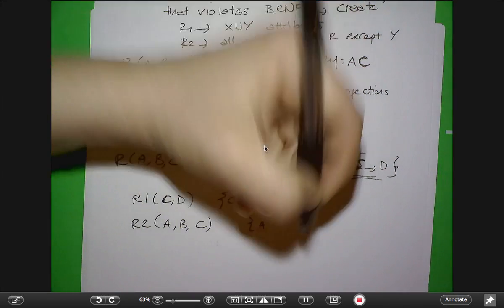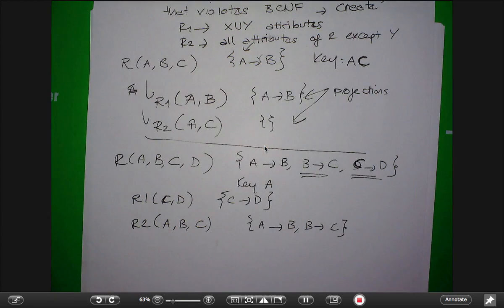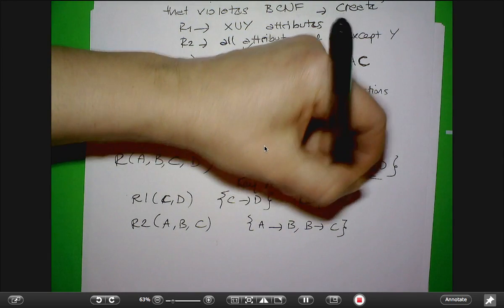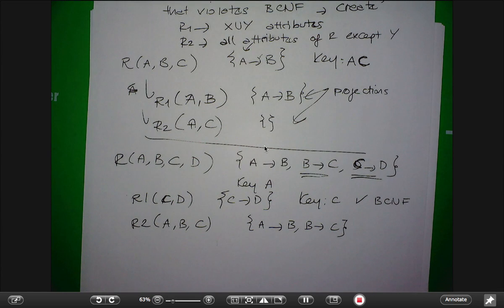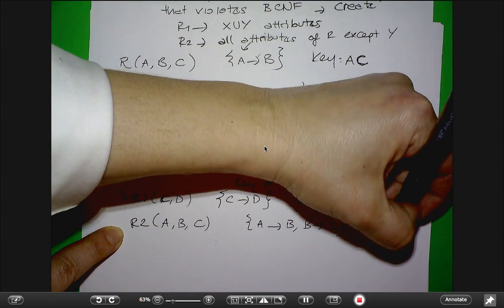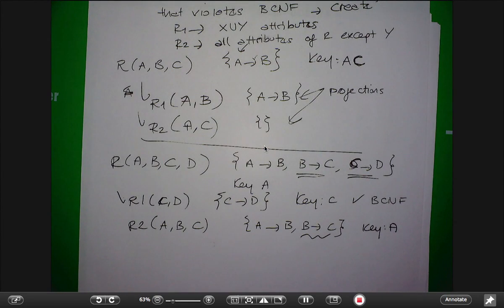So if you do the projection, you will find, for R1, key is C. This is in BCNF. So that means R1 is good. I'm done with R1. For R2, key is A. So this still violates BCNF. B implies C is not in BCNF.